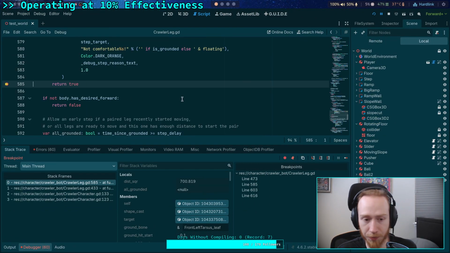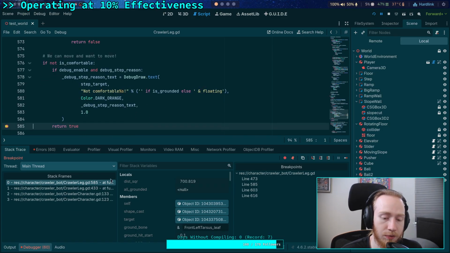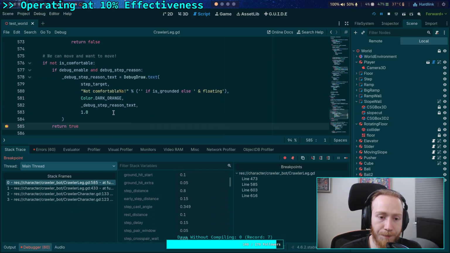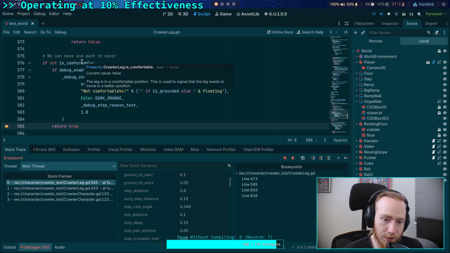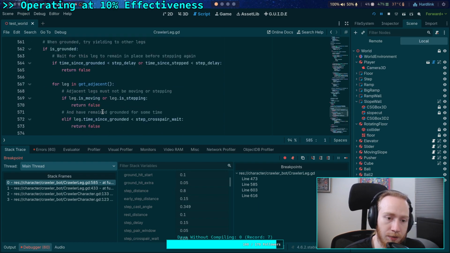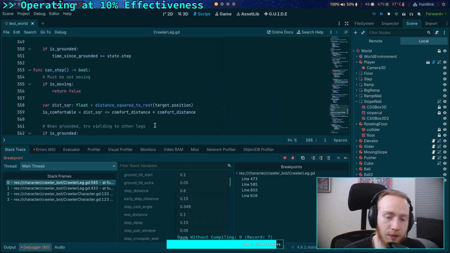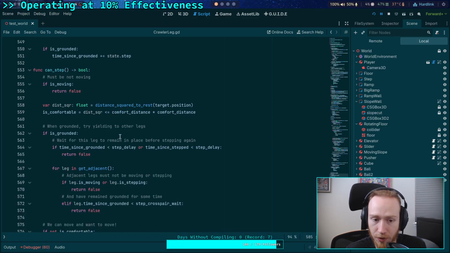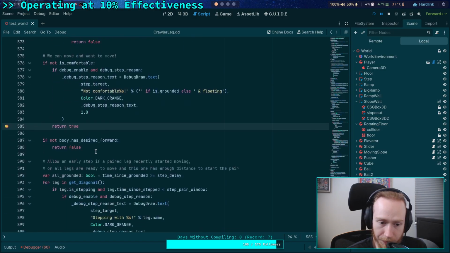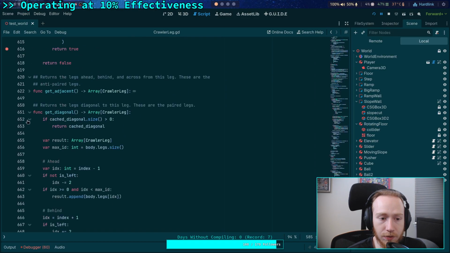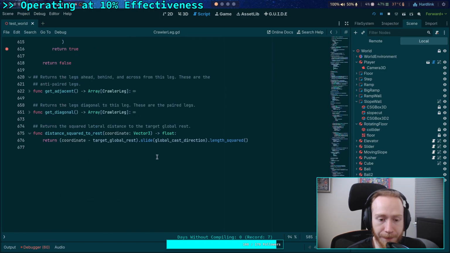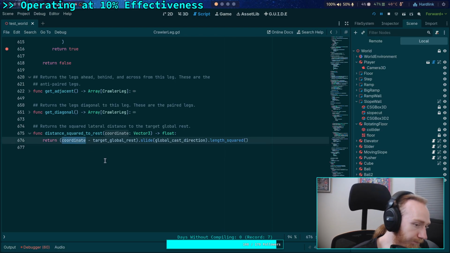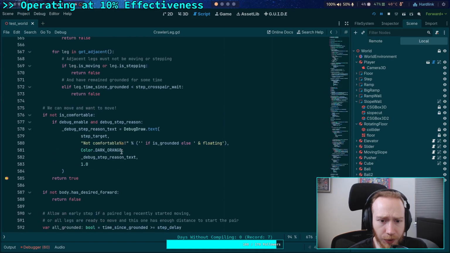Distance squared to rest, target position. Ah, okay, this might be it. Right, okay, I get it.